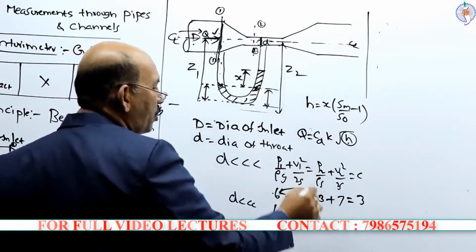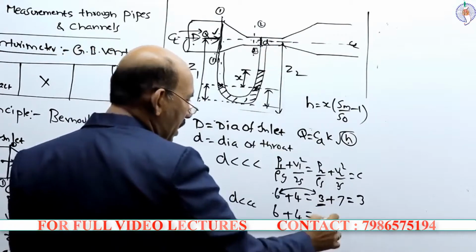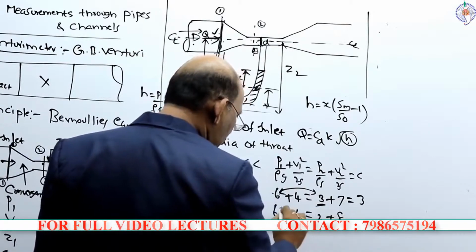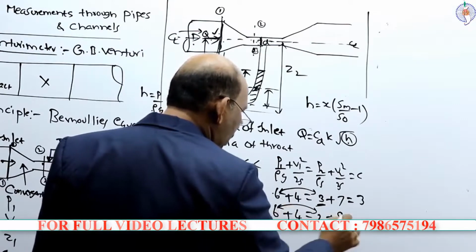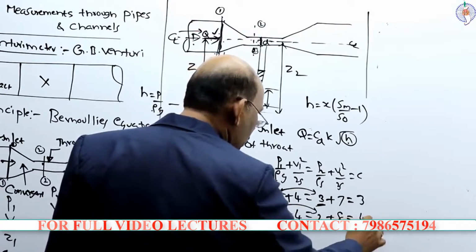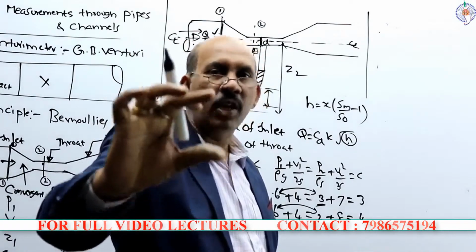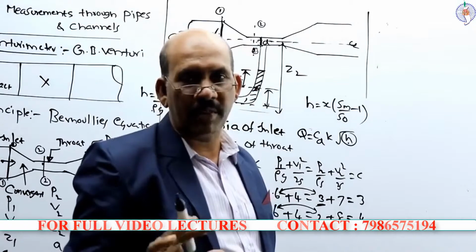When it further reduces, this pressure decreases. Let us say this is 2 and this is 8. And the pressure difference you can see 6 minus 2, this is 4. Like this, as you go on reducing the diameter, you can create more and more pressure difference.